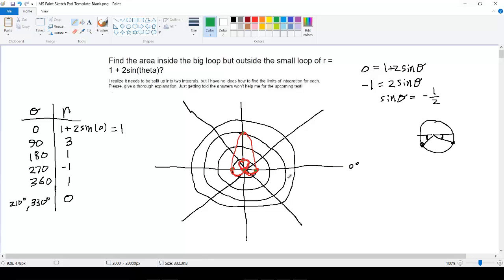So, for instance, our graph has a bigger loop, which is this entire thing, and then there's a smaller loop inside of that, which is this area.